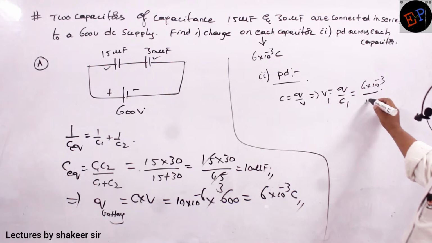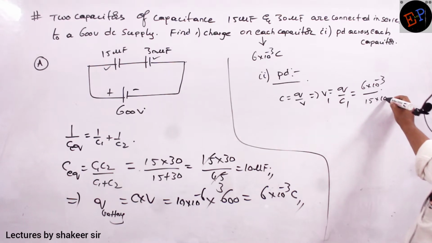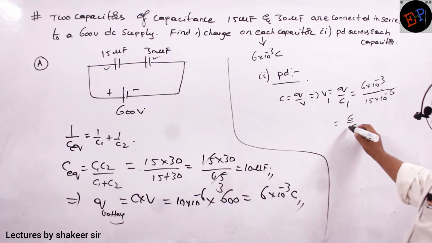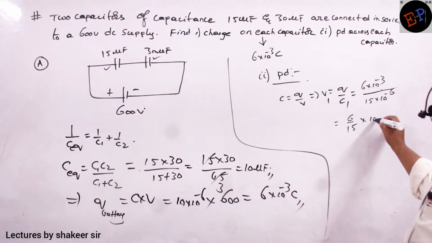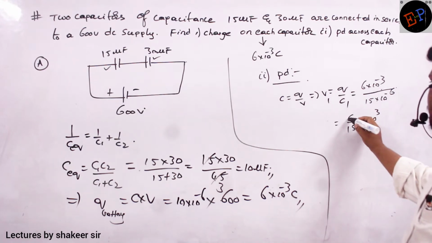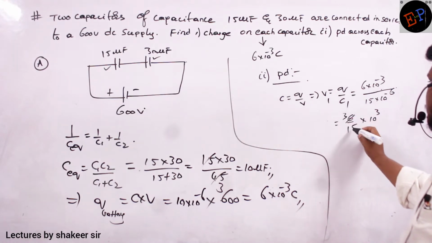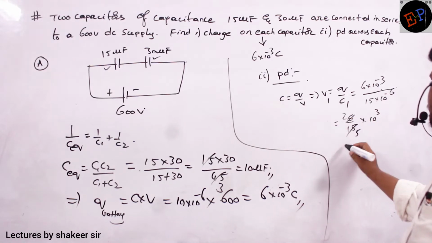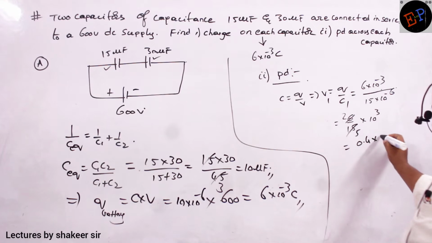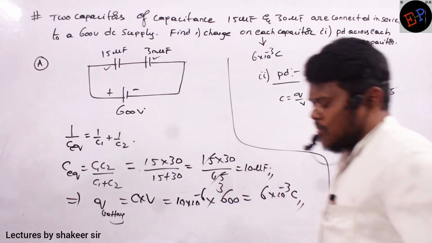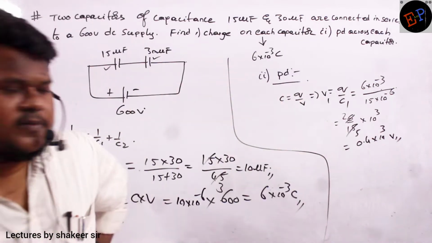Capacitance is 15 into 10 power minus 6. So 6 by 15 multiplied by 10 power 3. 6 by 15 is how much? 3 2s are 6, 3 5s are 15. So 0.4 into 10 power 3 volts. That is the potential on the first capacitor.